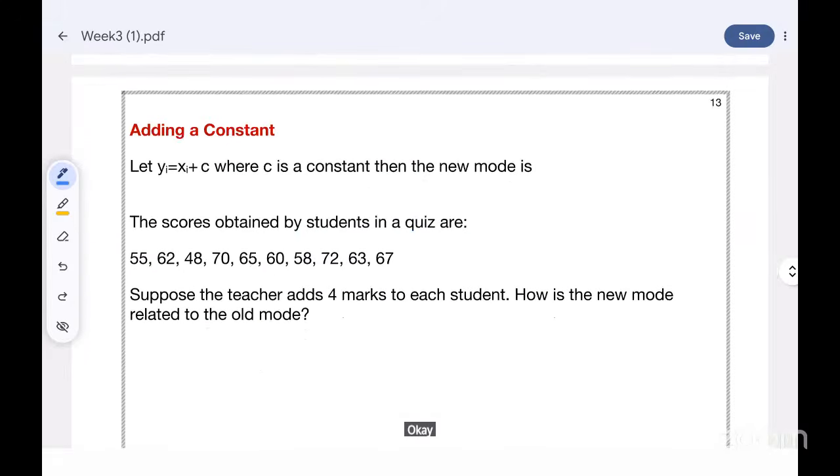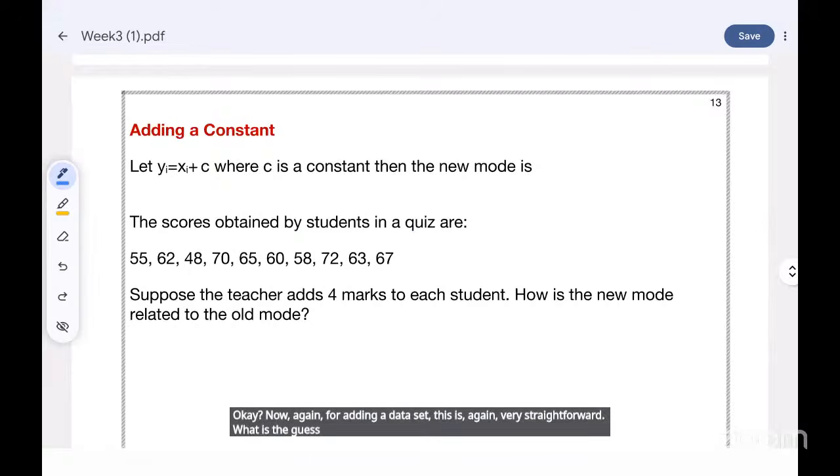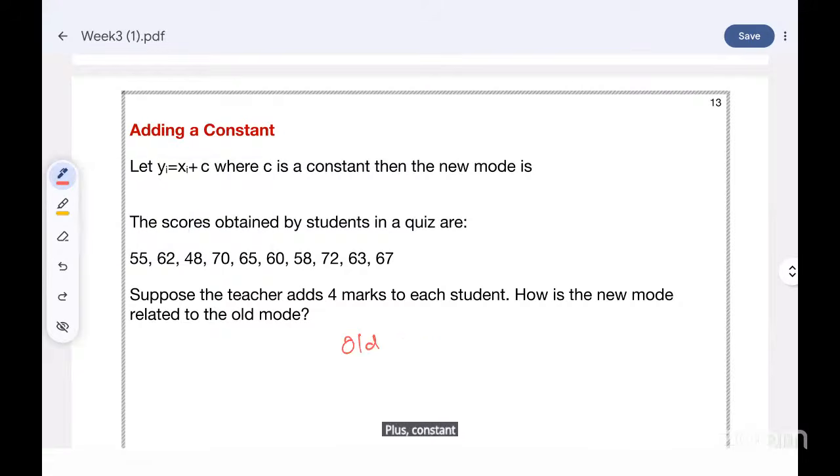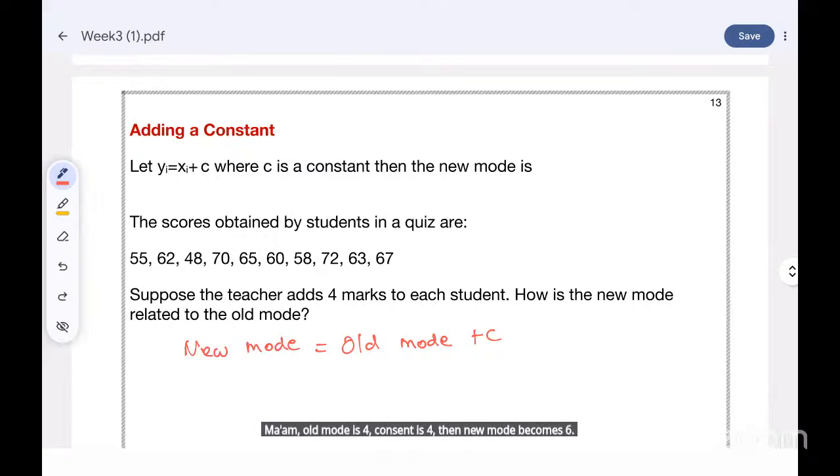Now for adding a constant to a data set, this is again very straightforward. What is your guess? Plus constant. So the old mode is 4, the constant is 4, then the new mode becomes 8. In the second case there is no mode, so this question does not make sense.